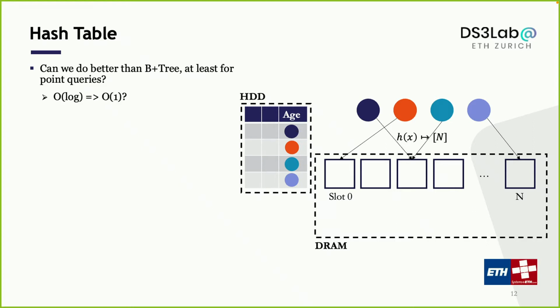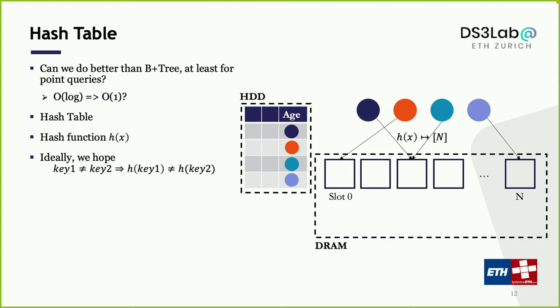A hash table is one data structure that allows you to find the data tuple in a constant amount of I/O. The high-level idea is very simple. I have a whole bunch of tuples. For each tuple x, I map it using a hash function h.